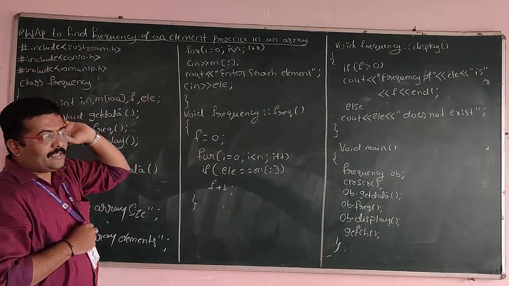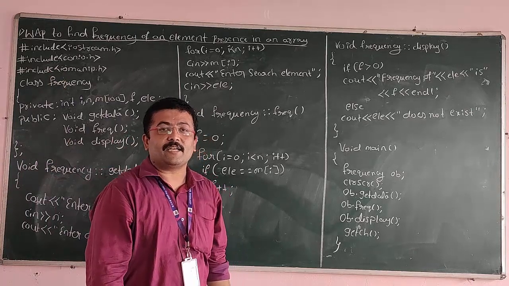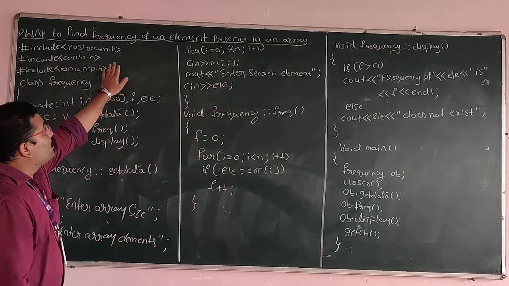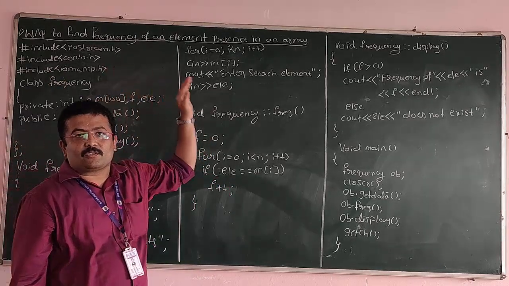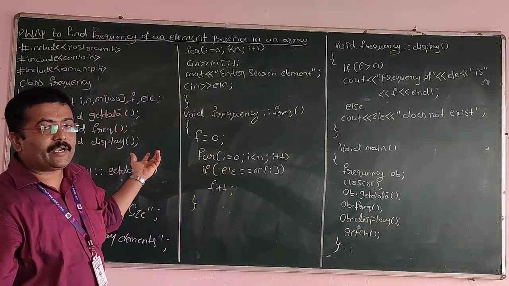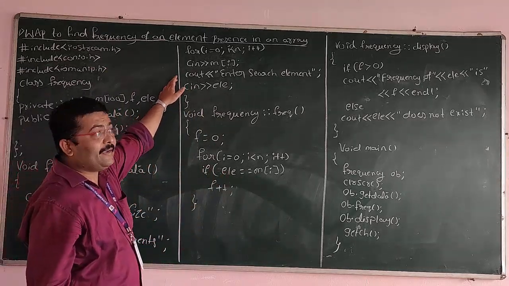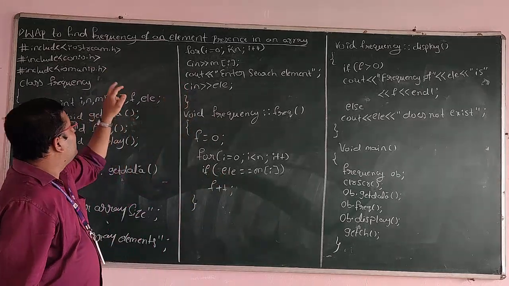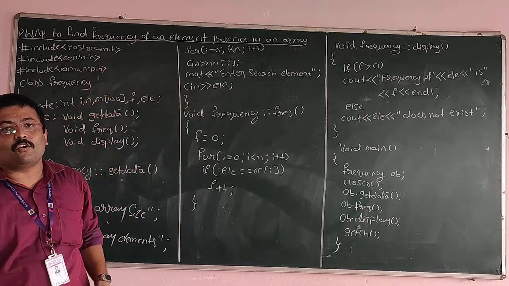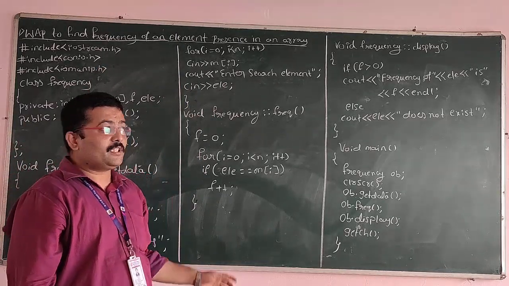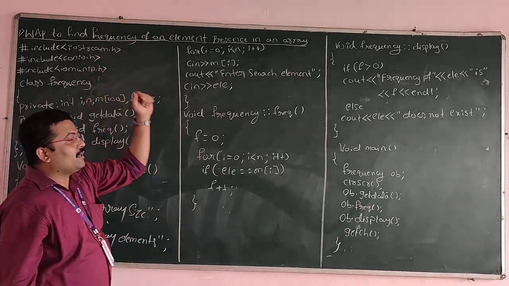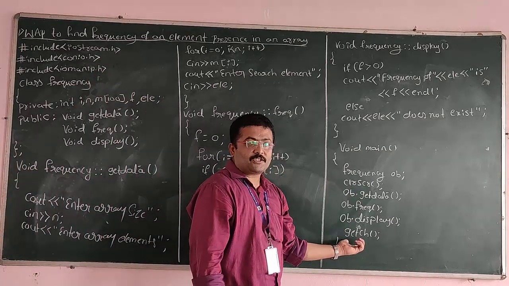The first header file is iostream.h. This header file is used for input and output statements. In this program, the input and output statements are cout and cin. The next header file is conio.h, which is used for clear screen and the getch function.